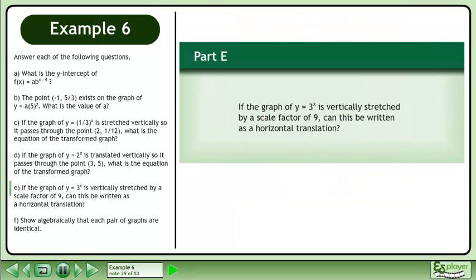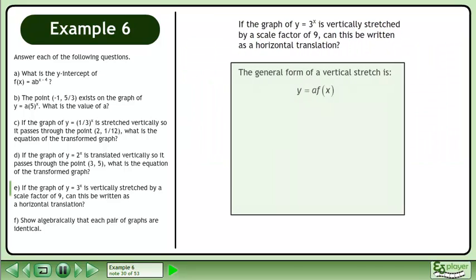Now we'll move on to part E. If the graph of y equals 3 to the x is vertically stretched by a scale factor of 9, can this be written as a horizontal translation? The general form of a vertical stretch is y equals a times f of x. Replace a with 9 and replace f of x with 3 to the x.